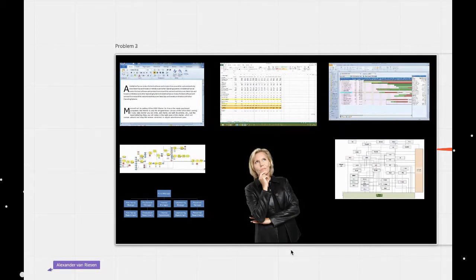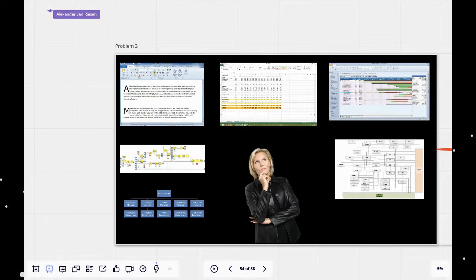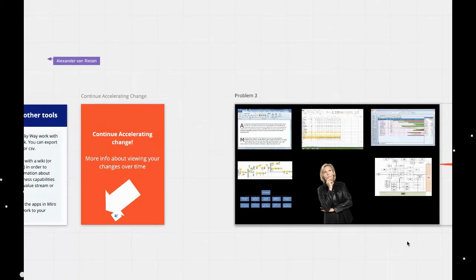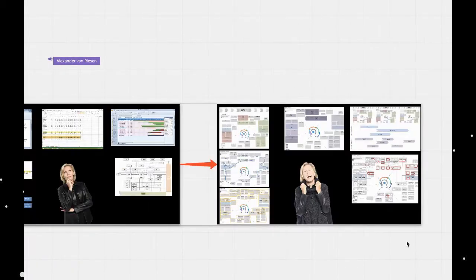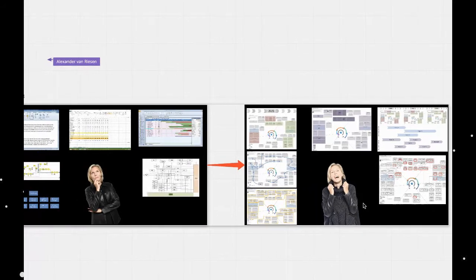I was getting my strategic plan in a form of text analysis. I was doing my budget. I was looking at projects. There were the processes, organizational chart, and IT. So how can I now make sense of all these different kinds of information? If we move on, we can see how we can use this with overlays. For the strategic plan, I can see what areas are affected by this plan.